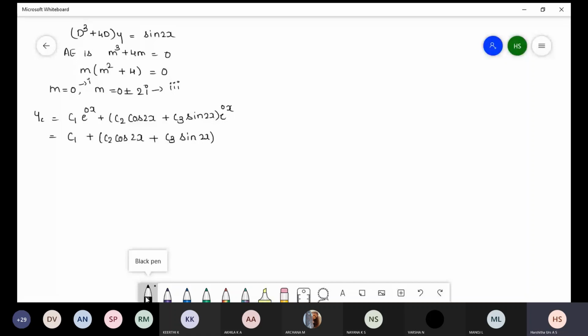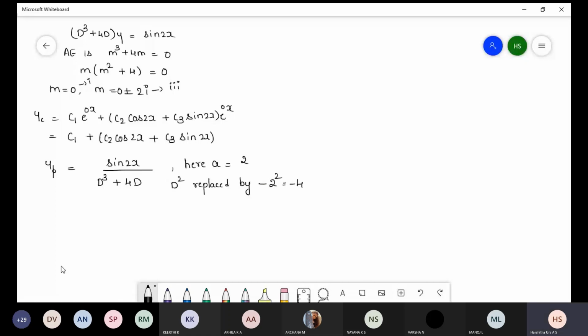Now we have to find the yp. yp is sin 2x divided by d cube plus 4d. So here what is our a value? 2. Yes, very good. A value is 2. D square is replaced by minus 2 square, means minus 4.